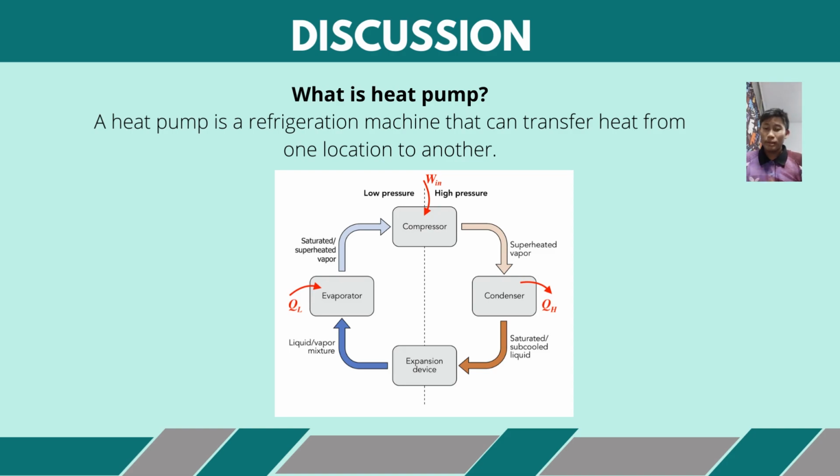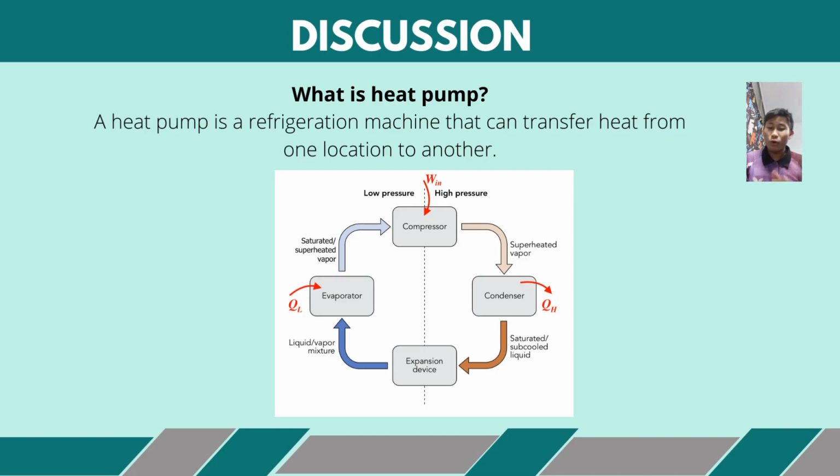What is heat pump? A heat pump is a refrigeration machine that can transfer heat from one location to another. Air conditioner using a vapor compression refrigeration cycle is a heat pump. The heat pump unit consists of compressor, an evaporator, and a thermal expansion valve as shown in diagram below. Heat pumps are considered energy efficient because they move heat rather than directly generating it.